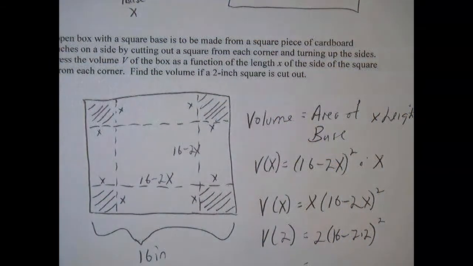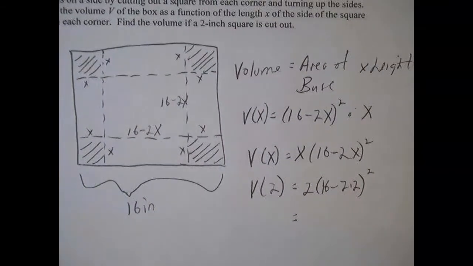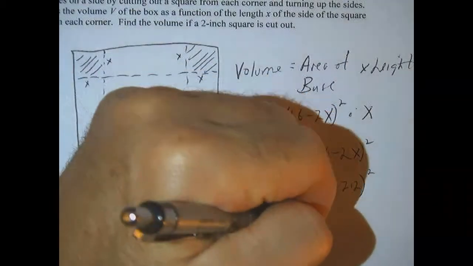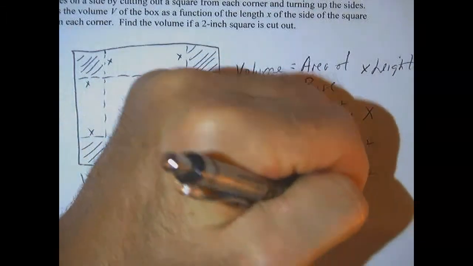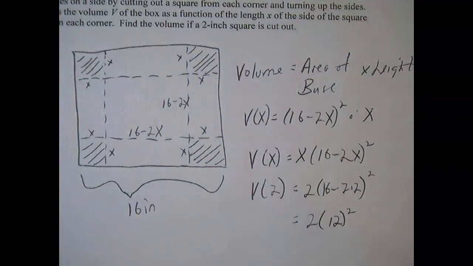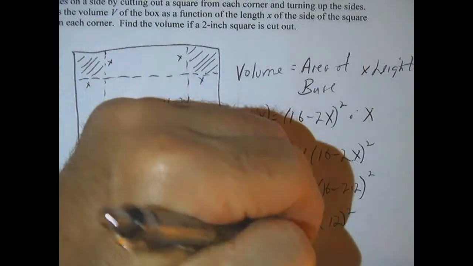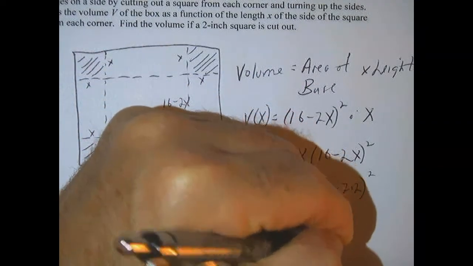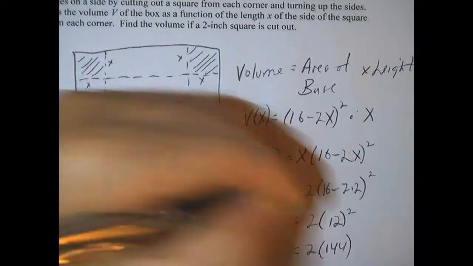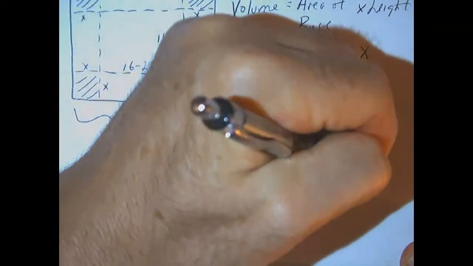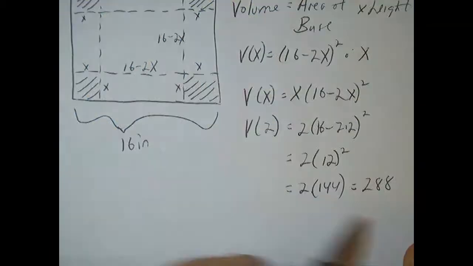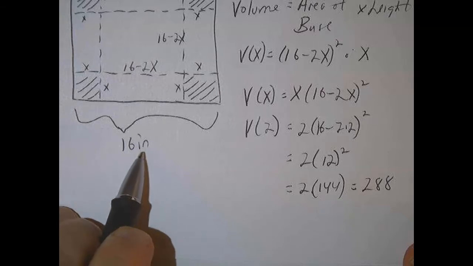So the volume of that box would be 2 times 16 minus 4, that's 12, so 12 squared. That's 2 times 144, which is 288. 288 what? Well, it's a volume, so it's inches cubed.